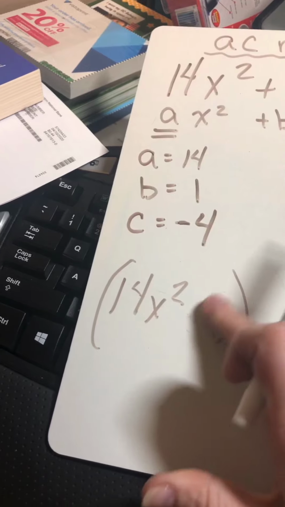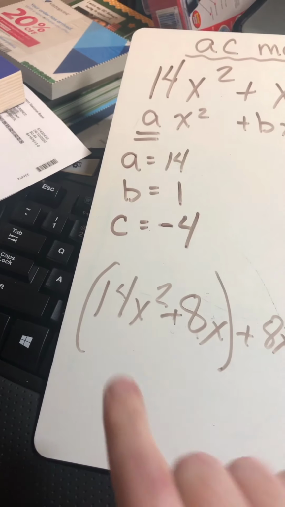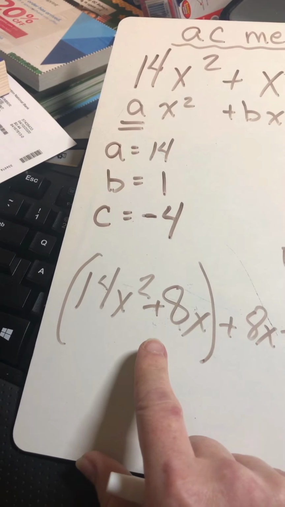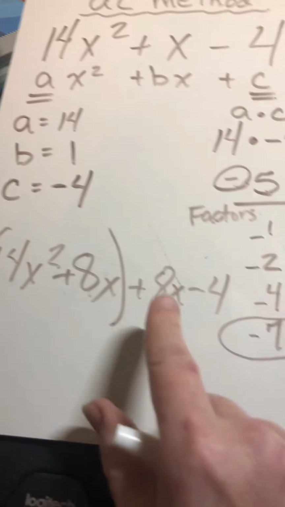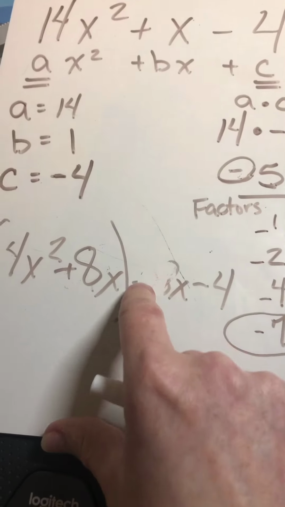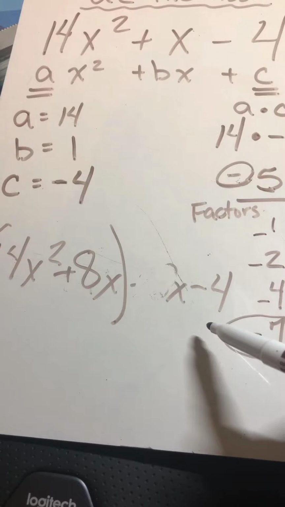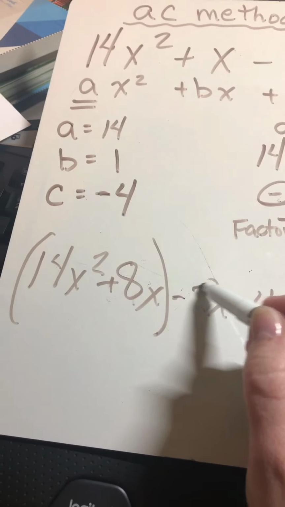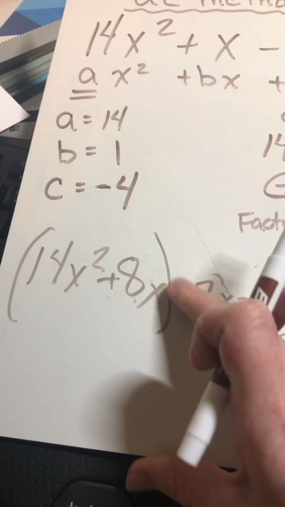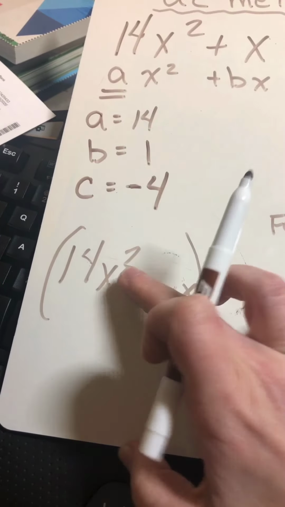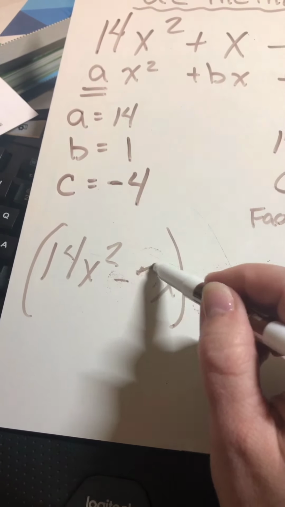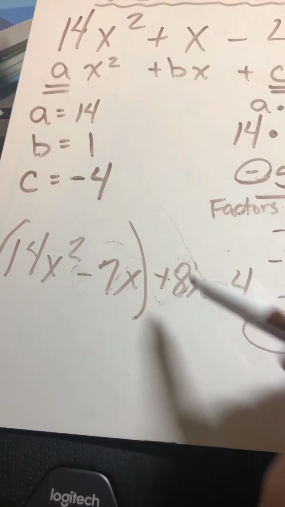If I had put my positive 8 here, they would have a greatest common factor of 2, which would be fine. Okay? But over here, if I put the 7, then the greatest common factor is 1. Sometimes that does happen, but if we can have better greatest common factors, we want that.